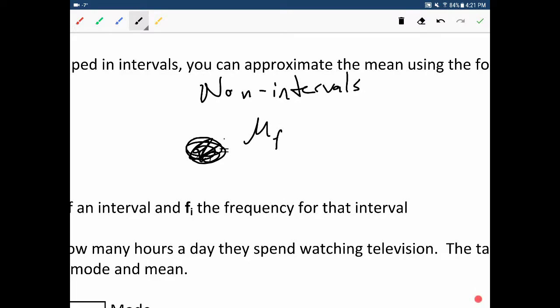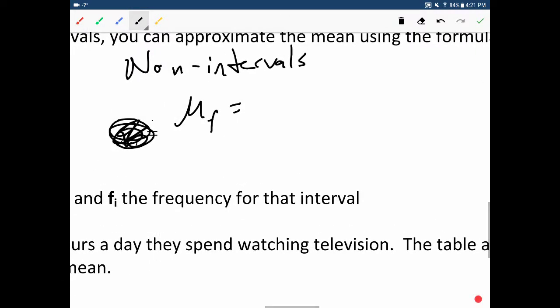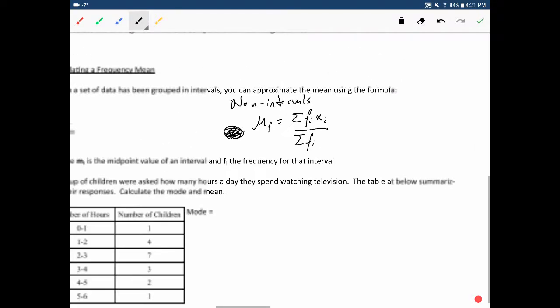We'll still call it mu, because it's still the population. The only thing you'll do differently, and this is actually the easier one, is you take the frequency, multiply by the actual piece of data, because everybody in that group has the exact same piece of data, and divide by the sum of the frequencies again.